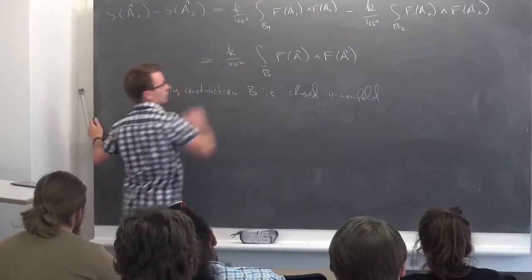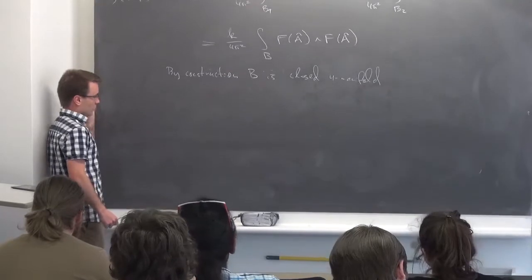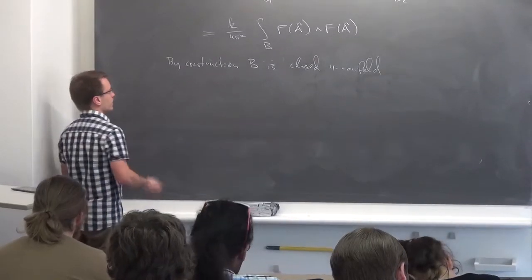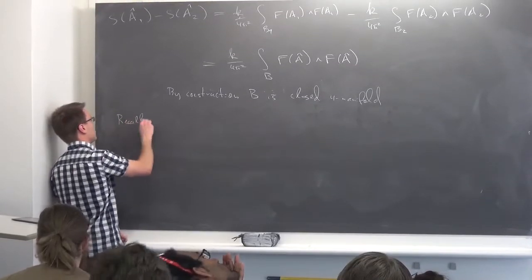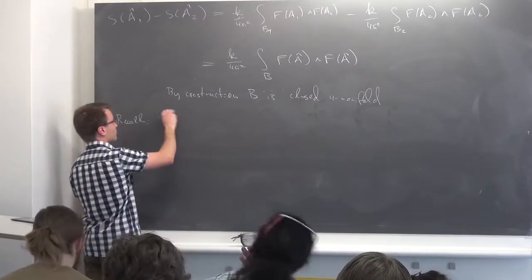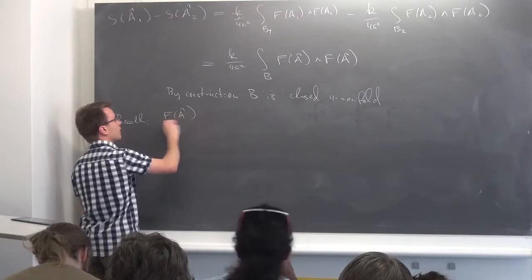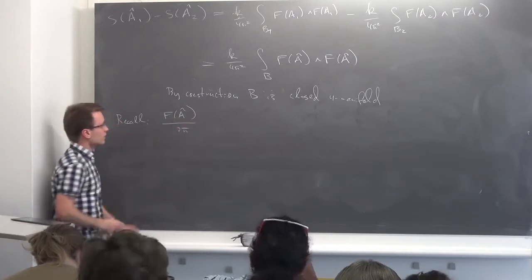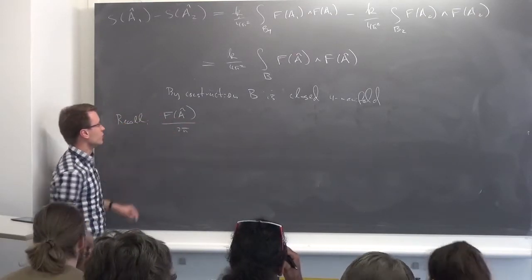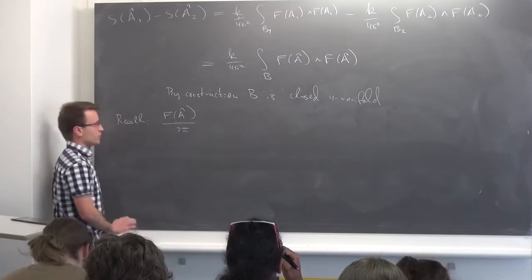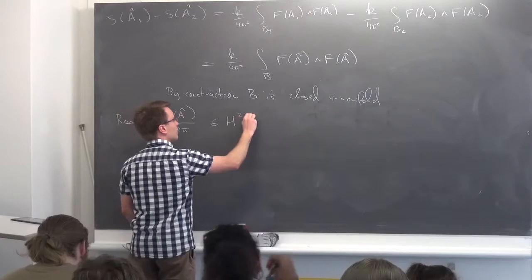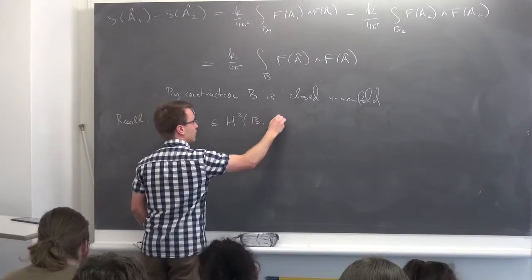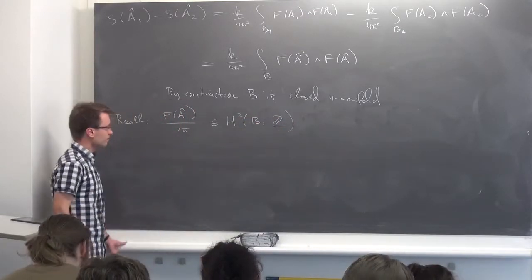The integrand will be an integral form. Okay, so how do you show that? So recall from last time that this expression F over 2 pi, this was up to a factor the first Chern class, always defines an integral cohomology class.